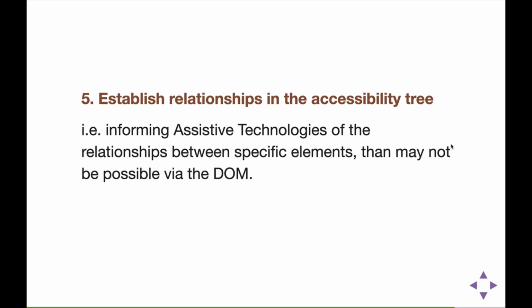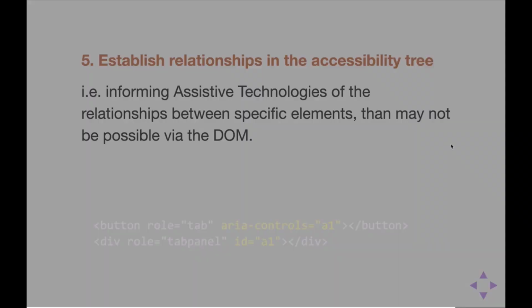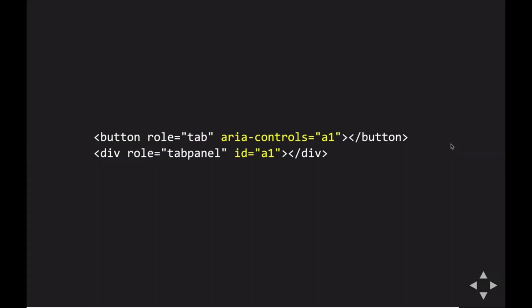Number 5, you can also use ARIA to establish relationships in the accessibility tree. You could use this to inform assistive technologies of a relationship between specific elements that may not be possible to see directly within the DOM itself. Once again, we're using a button. This time it's got a role of tab again. But the important thing here is we want to establish a relationship between this tab, or button, and a tab panel below, which is just a div.